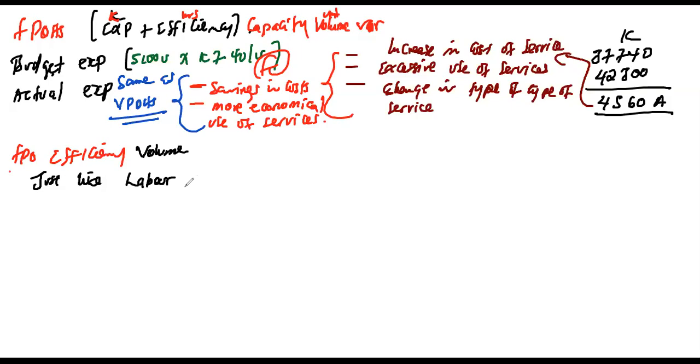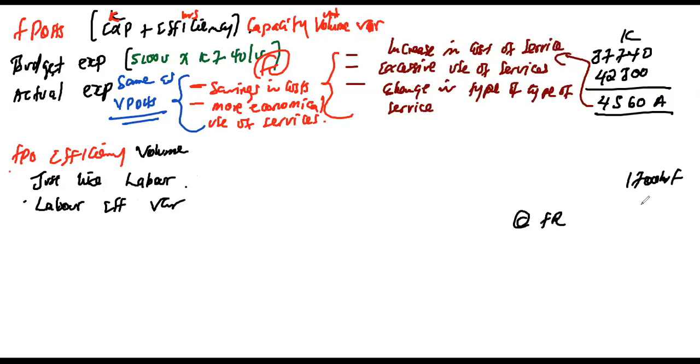What was the efficiency variance for labor? Labor efficiency variance was 1,700 hours favorable. Now, these ones you just multiply at the fixed rate.